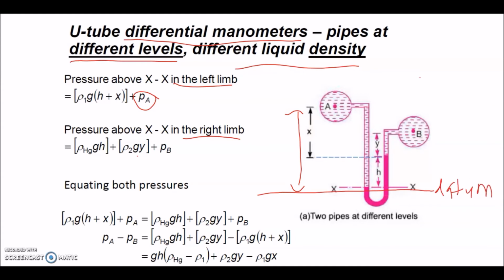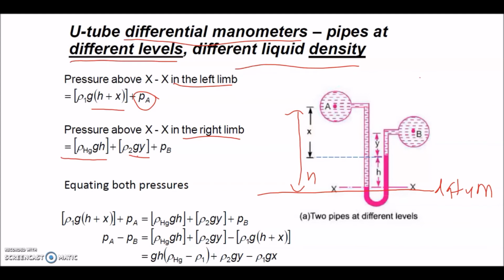So the height is X plus H. And then for the right limb, we have two types of density, for Y and H. So we have mercury density with height H, and then another density, density 2, with height Y, and then plus the pressure at point B.